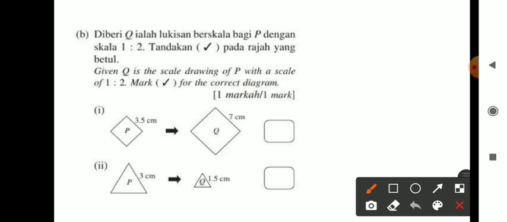For question number 2, it is drawing to original. It is said this is the drawing. The object is 3.